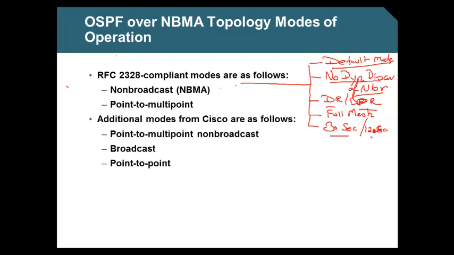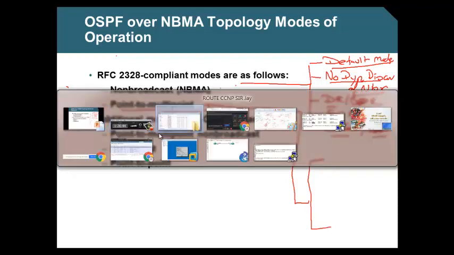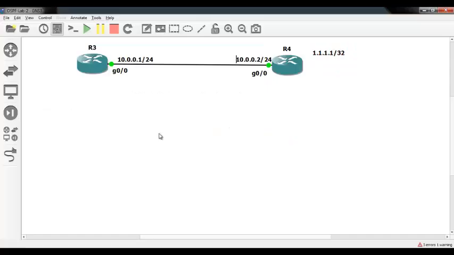Let's go to the second one. The second one is point to multi-point. This is not default, you need to configure it. I'll show you. If you have frame relay, you need to configure it by giving this command: interface G0/0.